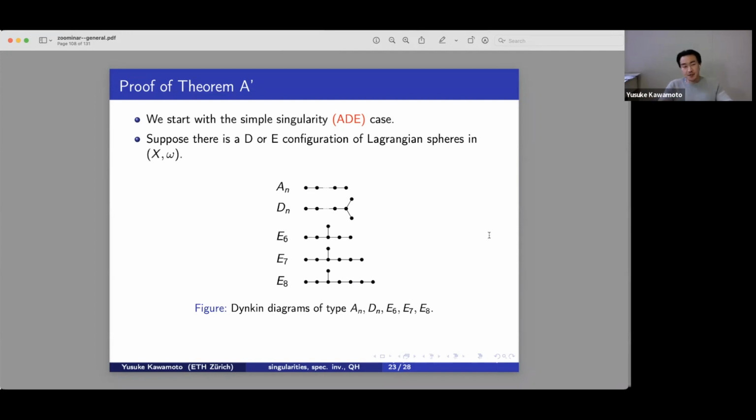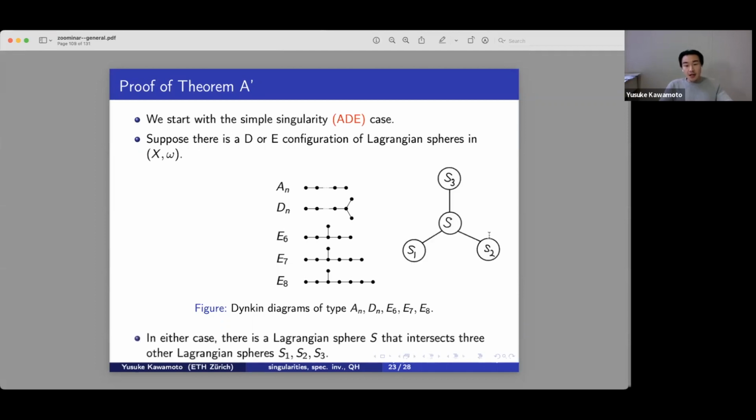So what's the difference between an A diagram and a DE diagram? The difference is that you can find a Lagrangian sphere that intersects three other Lagrangian spheres. I drew a figure on the right-hand side. You have the central Lagrangian S that's intersecting S1, S2, and S3. And you cannot find such a configuration in the A-type diagram.